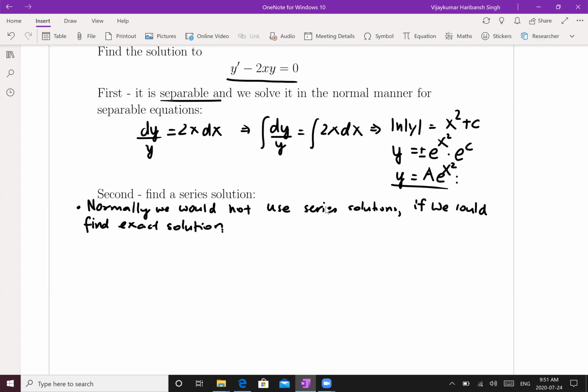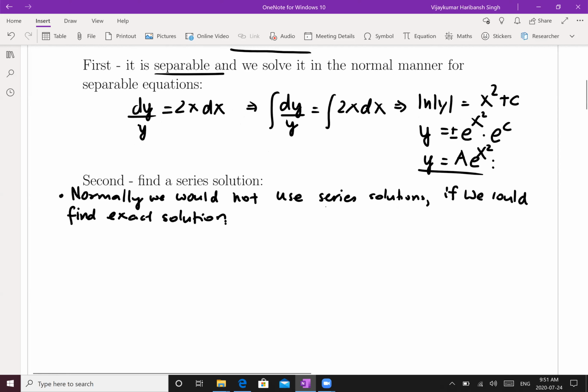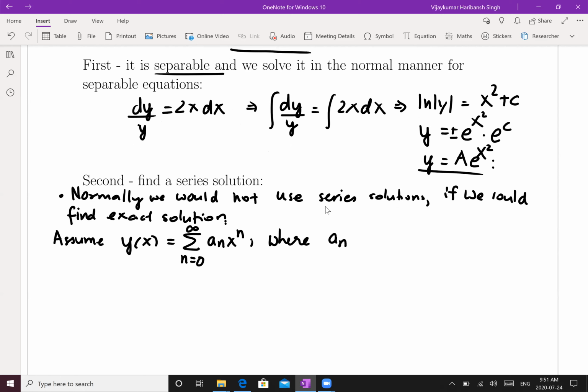Assume y of x, your solution, is of the form summation n equals 0 to infinity of a_n x to the power n, where a_n is to be determined.